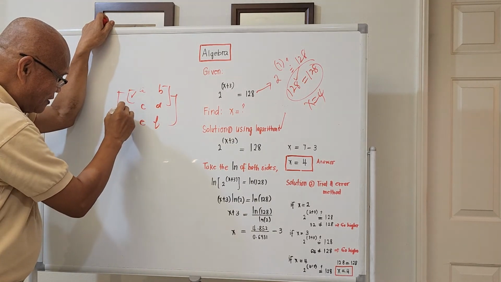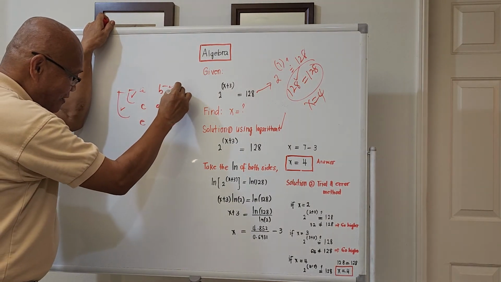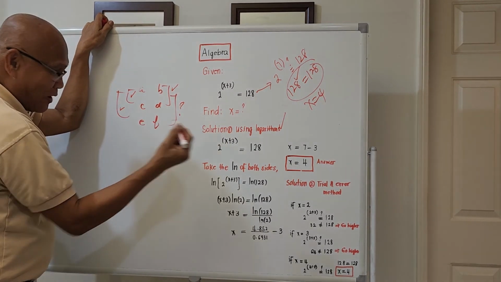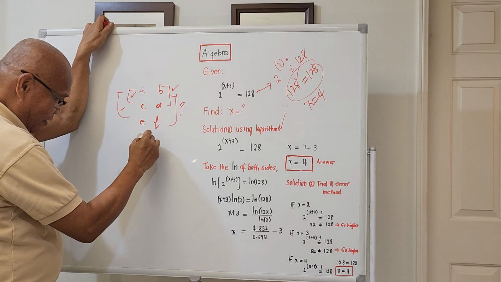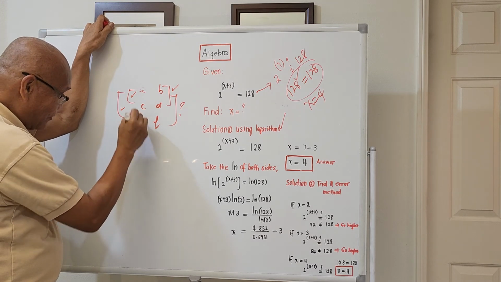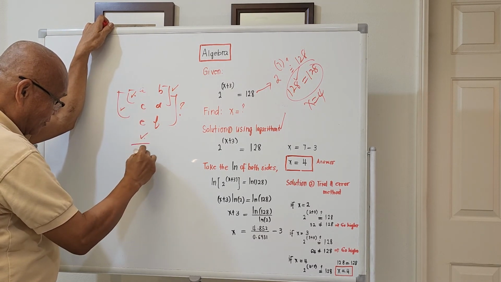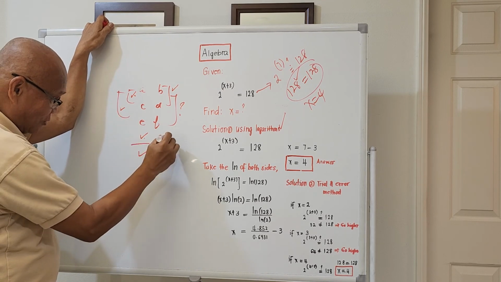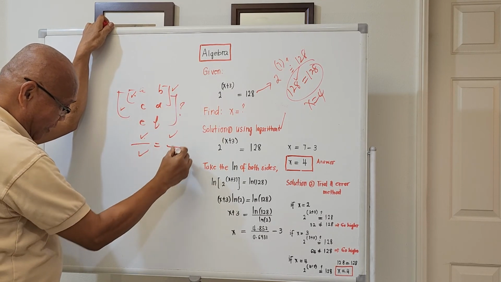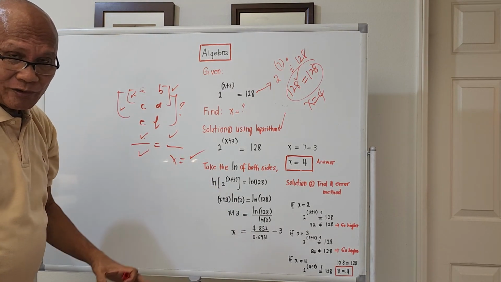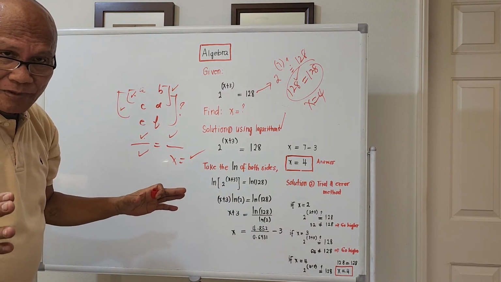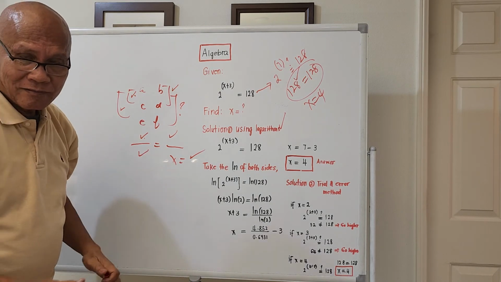If this is given, and this given, this given, and this is unknown, so actually we could use ratio and proportion maybe. Something like this value here over this value should be equal to this value over the one we are looking for. So we use interpolation if the value of the unknown is not exact.